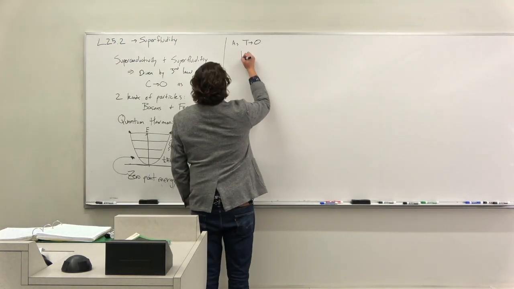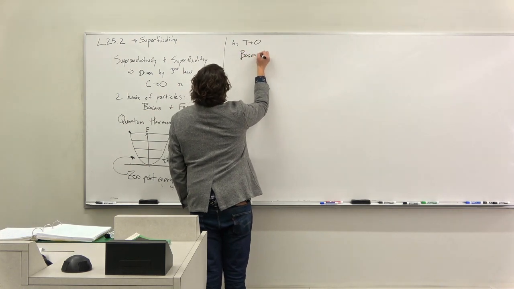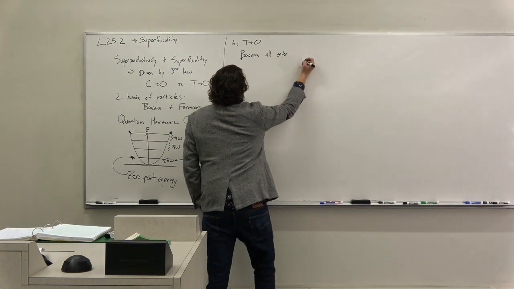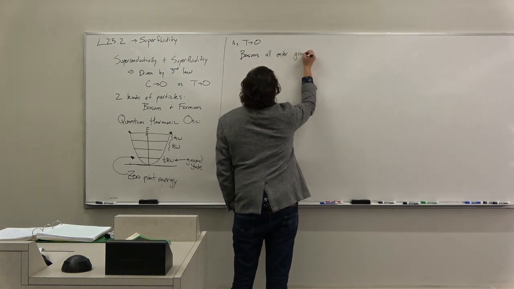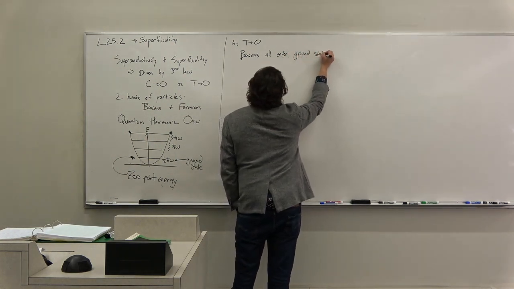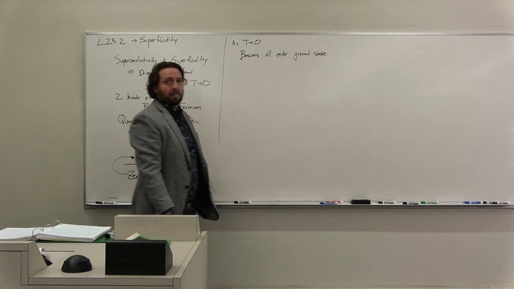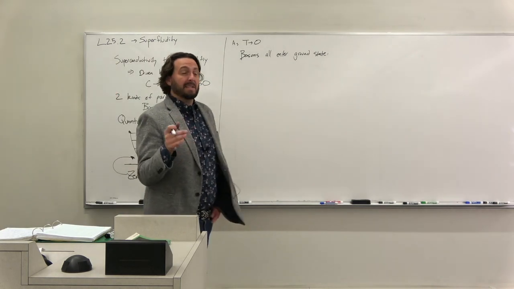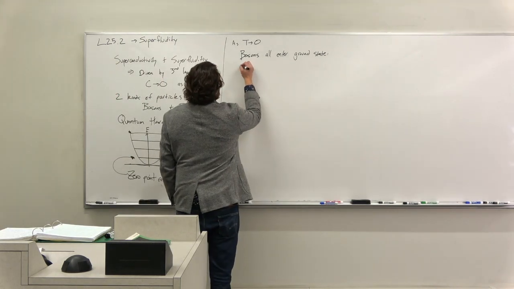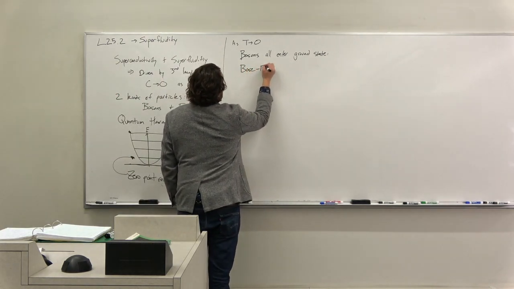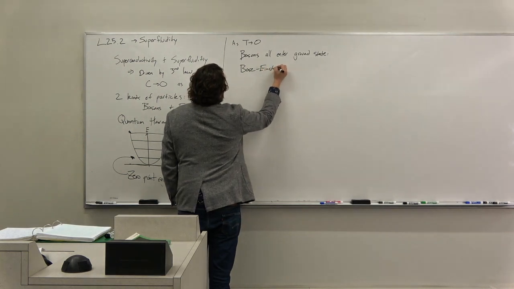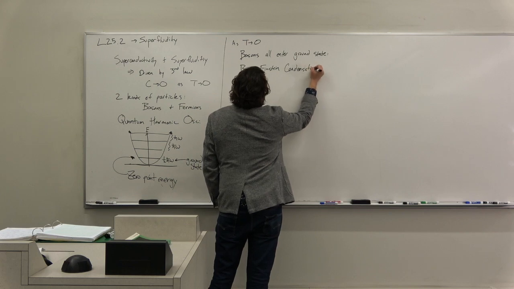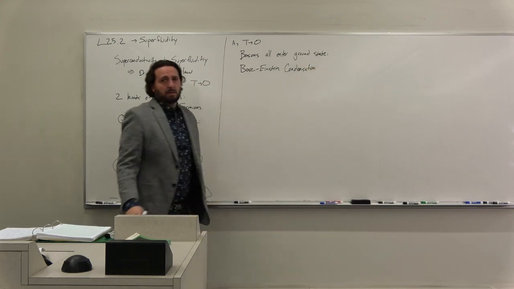And for bosons, they all can enter the ground state. Okay. So this is an interesting, and this is called the Bose-Einstein condensation, when a significant fraction of these enter in the quantum ground state.